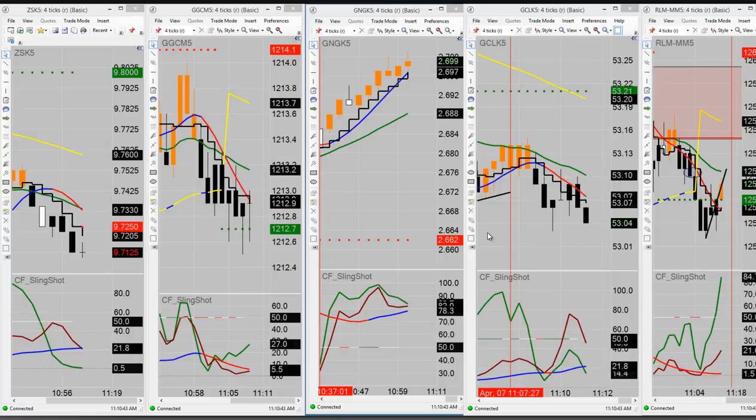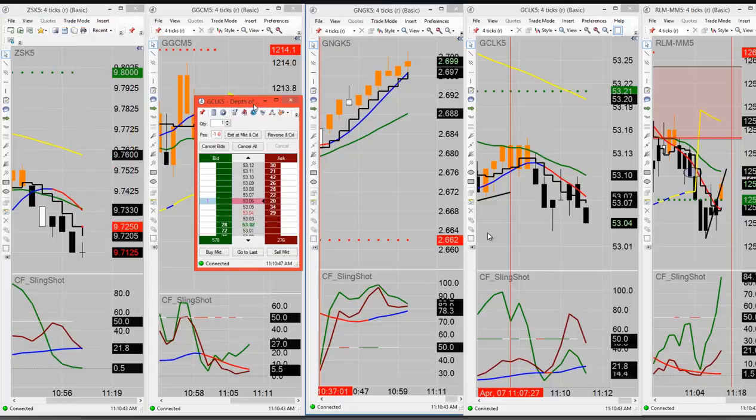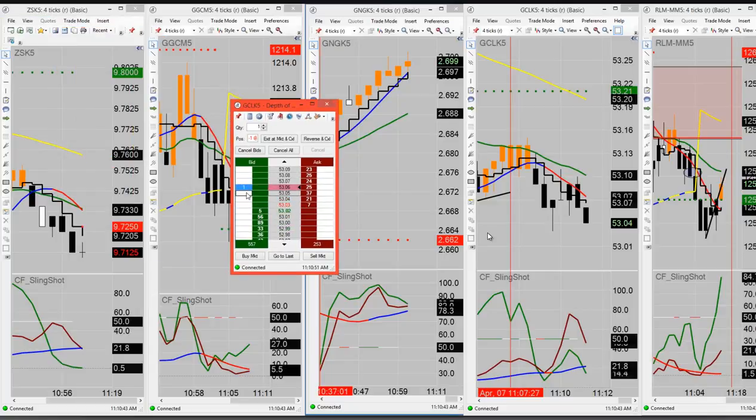The way that the charts are updating for me, it's pretty slow. I got 1 tick locked in, 2 ticks locked in, 3 ticks locked in, 4.